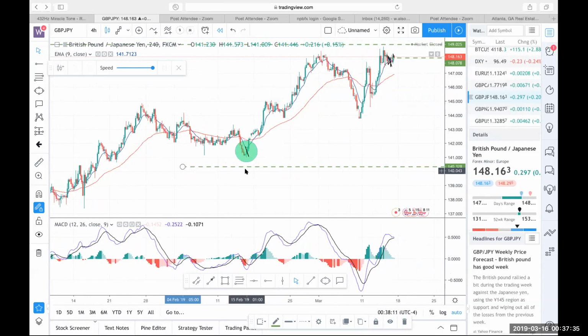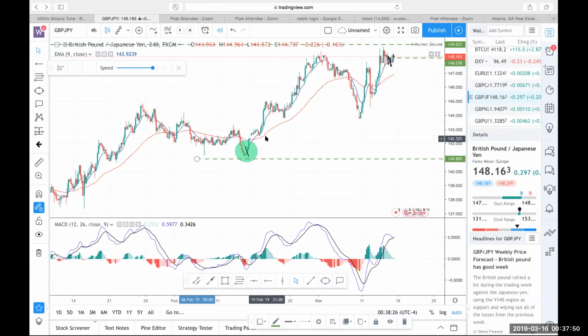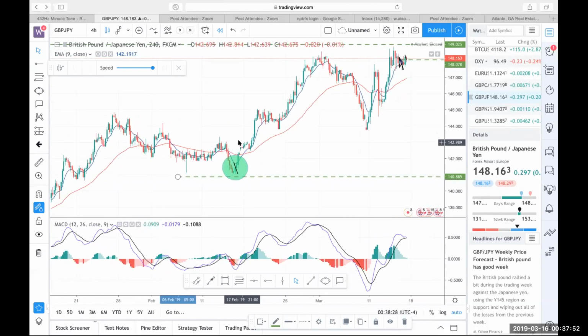Leave your stop loss where you had it. Now we would have entered where the EMAs crossed or where they got that retest. From there to the bottom, how many pips stop loss is that?